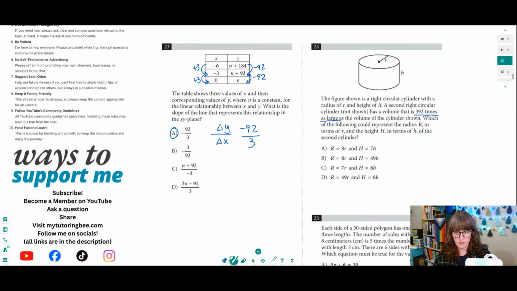Which of the following could represent the radius R in terms of r? Okay, so they're using large R for the new cylinder radius, and then the small r for this cylinder's radius, and large H for the new cylinder's height in terms of small h of the second cylinder.